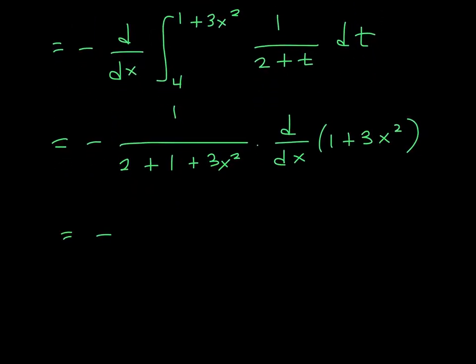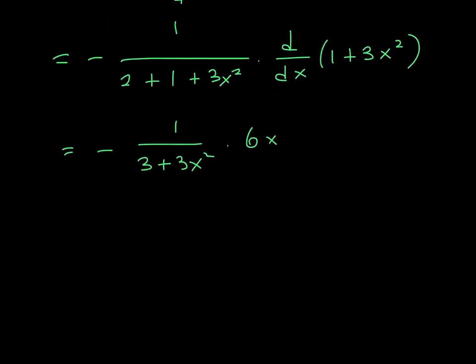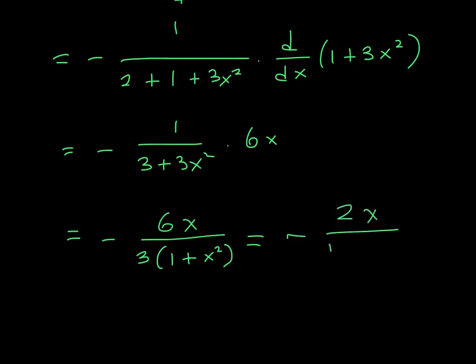Then it is negative 1 over 3 plus 3x squared, times the derivative of 3x squared, which is 6x. If I continue simplifying, then this is negative 6x over, if we factor out a 3 from the denominator, 3 times 1 plus x squared. So then it is equal to negative 2x over 1 plus x squared. Awesome. Good job, everybody.